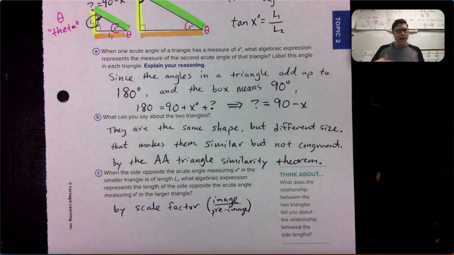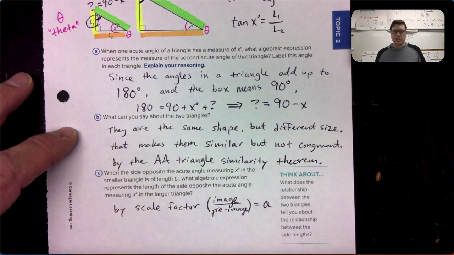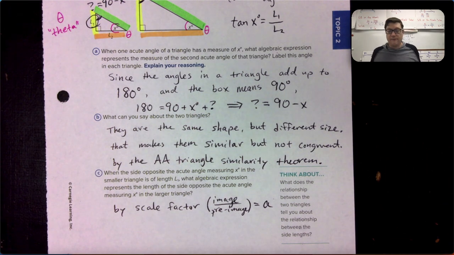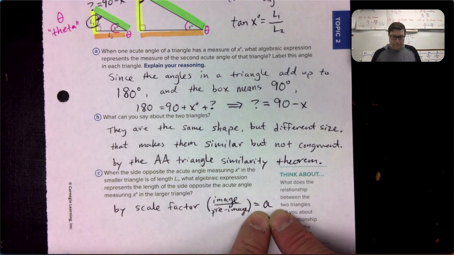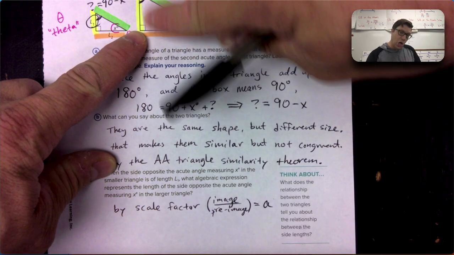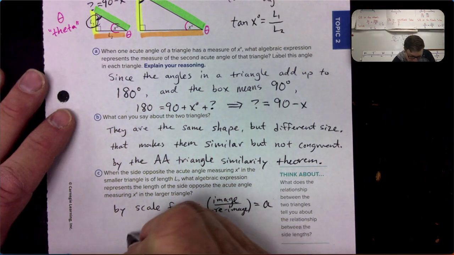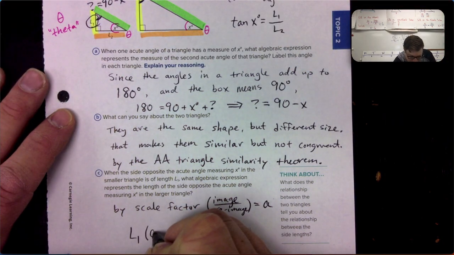Because of that fraction, this is going to be our scale factor. I'm going to call it an A, just because I need a factor letter. So I'm going to multiply by A. I can find the length of the other triangle's long side or opposite side by multiplying L1 times A.